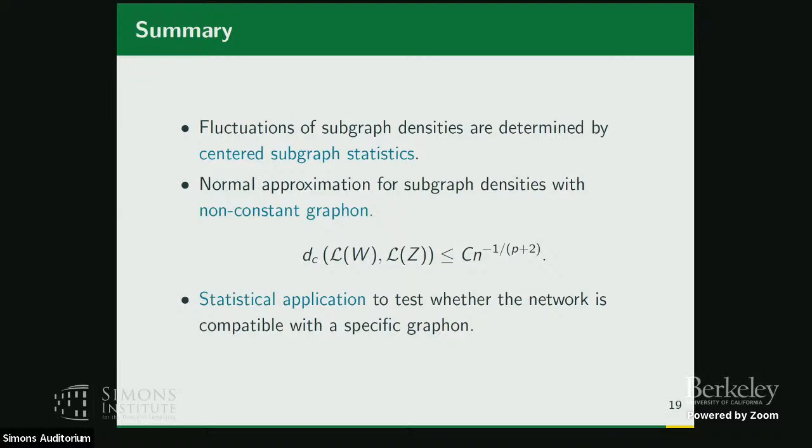You don't have to restrict it to uniform because you have already centered them, and the covariance matrix one can compute. So it doesn't have to be a uniform 0, 1 variable. So this is our main finding, that there's a decomposition, and then this is how there's a rate of convergence.